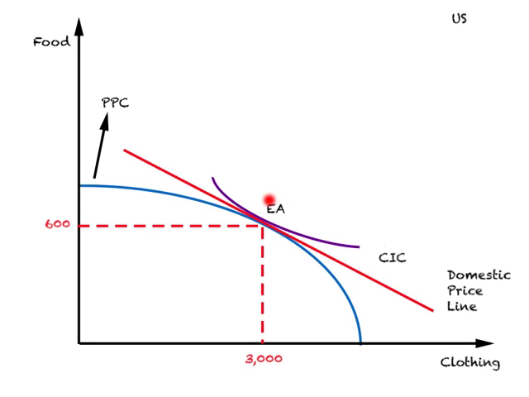And here consumption and production equilibrium coincide. So you drop this point to the horizontal axis and you find out that in autarky the US produces and consumes 3,000 units of clothing, and you take this point to the vertical axis and you find that the US produces and consumes 600 units of food.